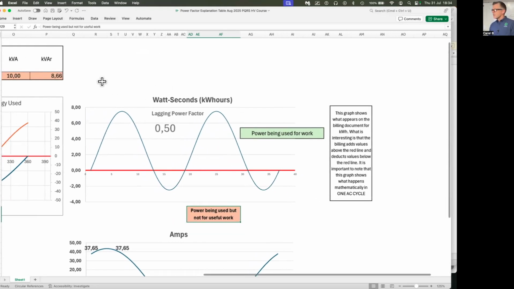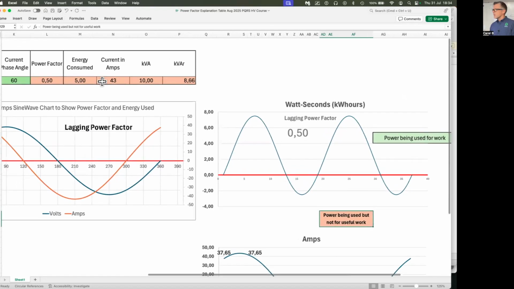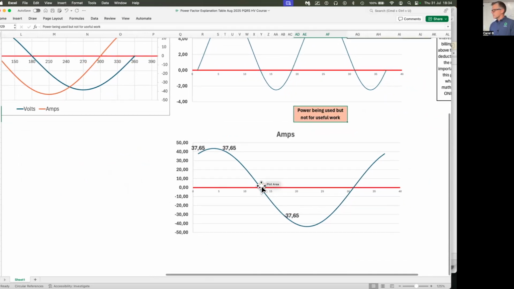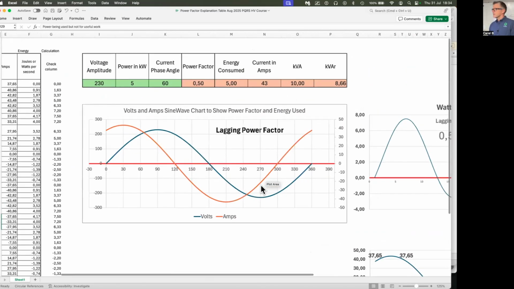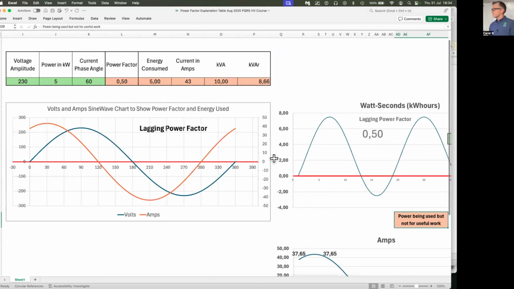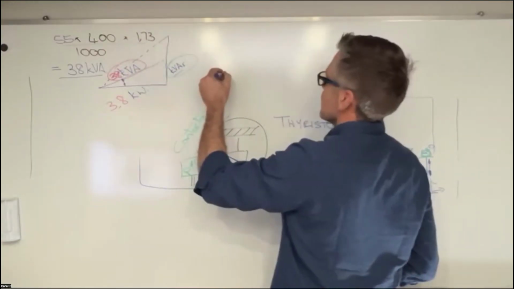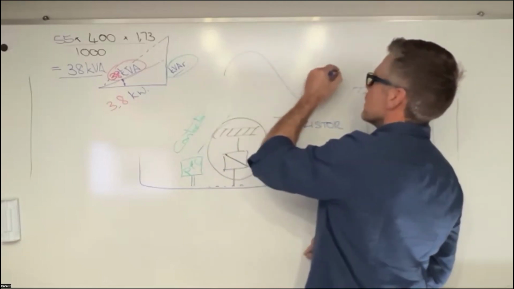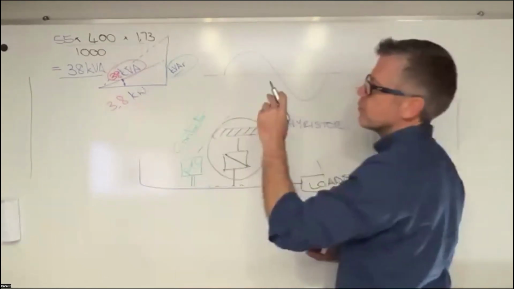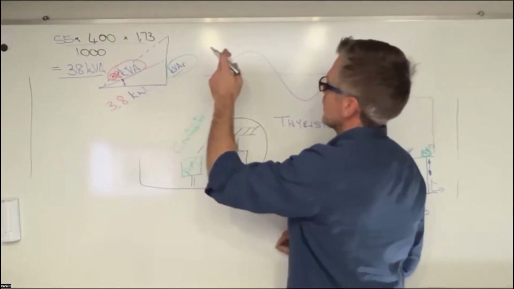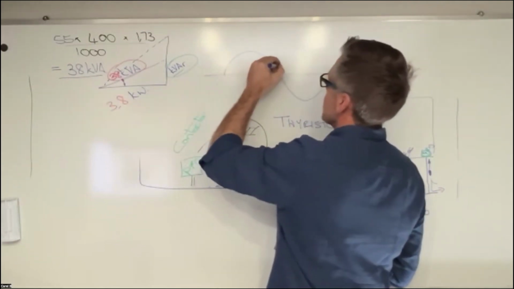Now, there are a couple of things we want to have a look at over here. When the power factor goes out of whack, the current that we are drawing is going to go up.